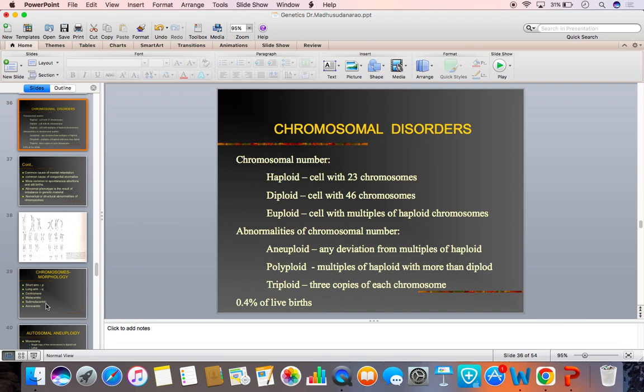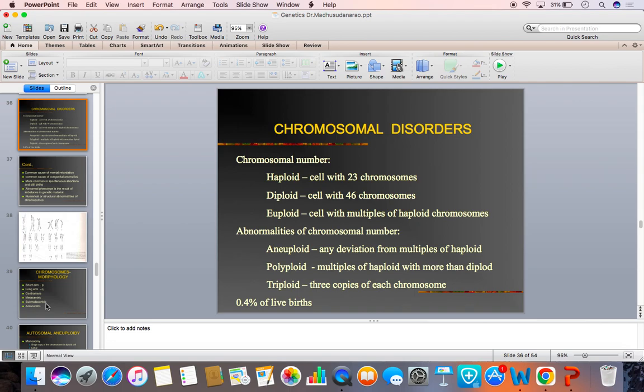This is the diploid state. What is euploid? A cell with multiples of haploid chromosomes is euploid. That could be diploid or any multiple of haploid chromosomes. What is aneuploidy? Any deviation from multiples of haploid is called aneuploidy. What is polyploid?